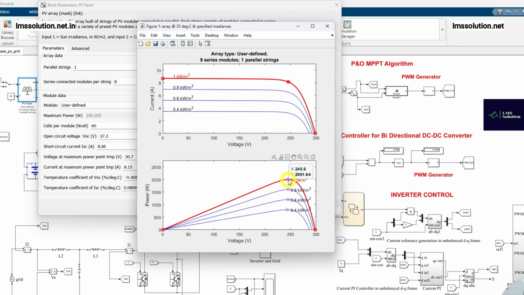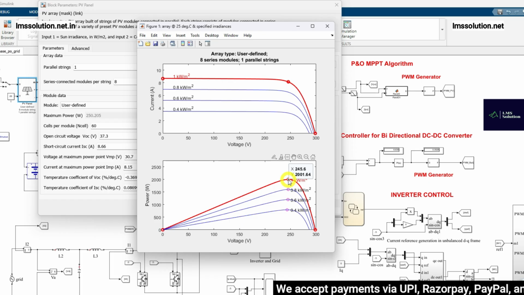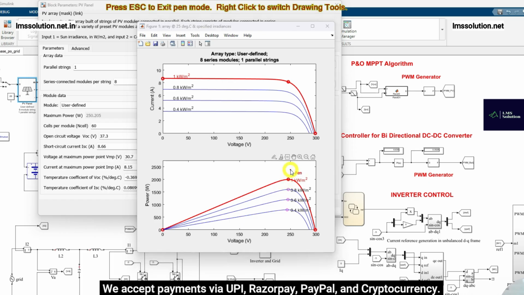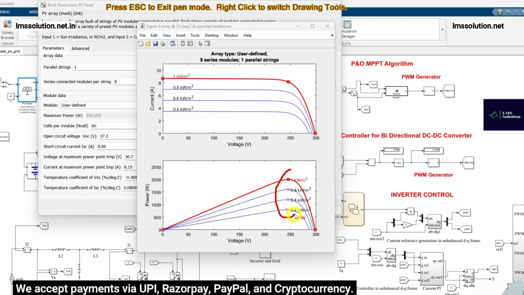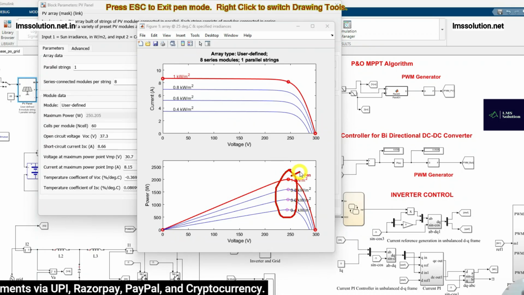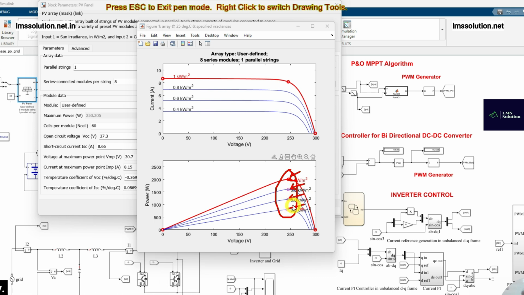Here we are using the conventional P&O MPPT algorithm for extracting the peak power from the PV array. It is used to extract the peak point at different irradiation and temperature conditions. For that purpose we are using the P&O MPPT.